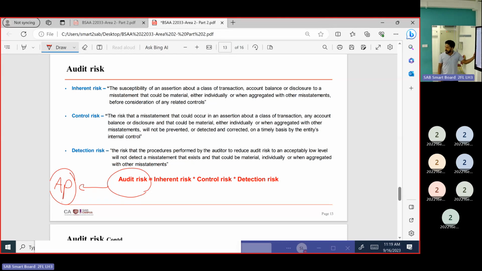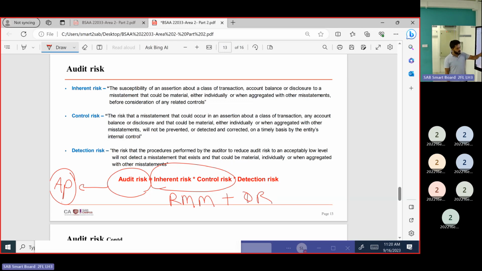Inherent risk and control risk are taken together, and the combination of both is the risk of material misstatement, and then detection risk. As a combination, we can talk about audit risk.